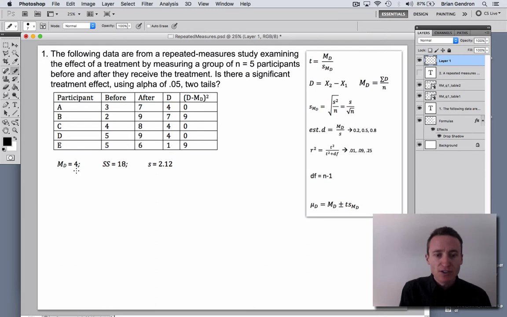Okay, so what we also need is the standard deviation of your difference scores. And so what I've gone ahead and done is I took my deviation scores where I subtract the mean from each score and then square that, add them all together. You get sum of squares equals 18.